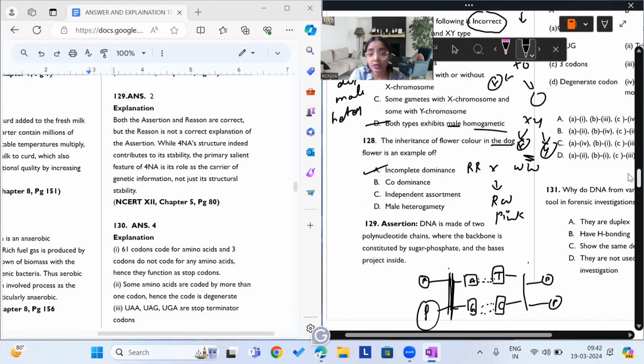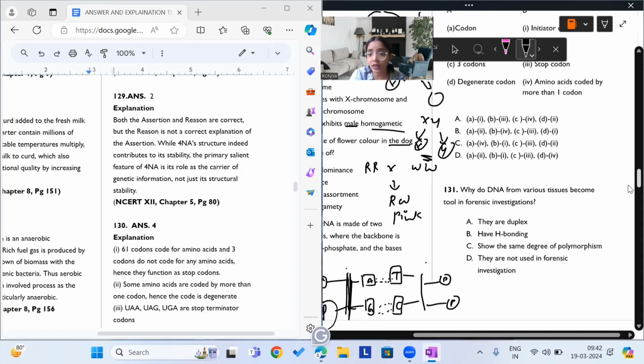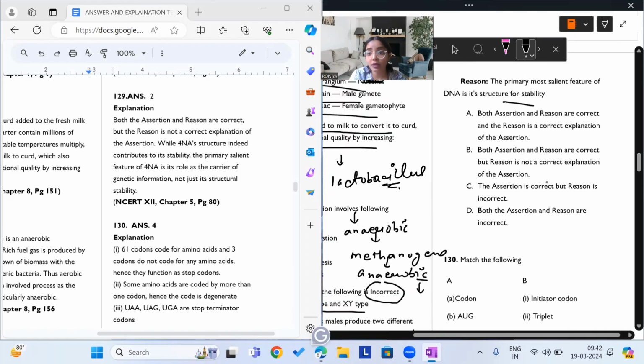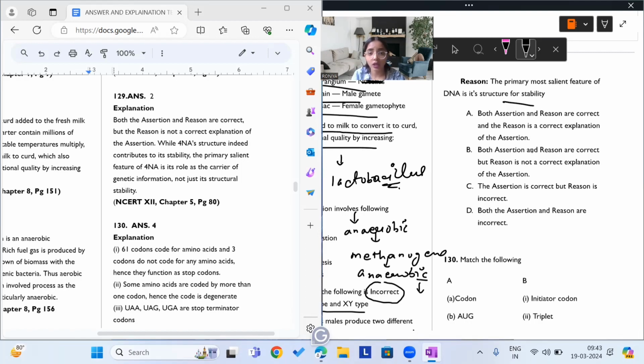DNA is made of two polynucleotide chains where the backbone is constituted by sugar and phosphate and the bases are projecting inside because the primary most salient feature of DNA is its structural stability. This is wrong. It is not making any sense. So reason is correct, assertion is correct, but reason is not correctly explaining the assertion. So answer is option number 2.